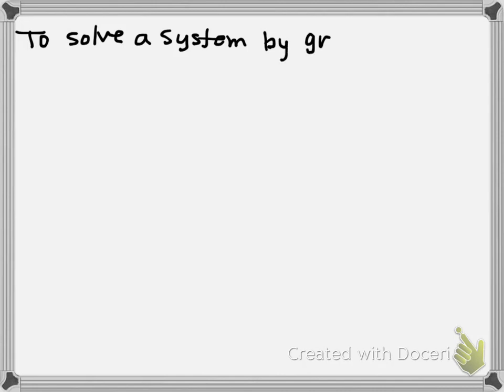Okay, so next, how do we solve a system? By graphing. So this is one of several ways we're going to be discussing how to solve a system, by graphing. And I'm going to tell you, it is the most challenging way in a sense because you need to be most accurate with your graphing.